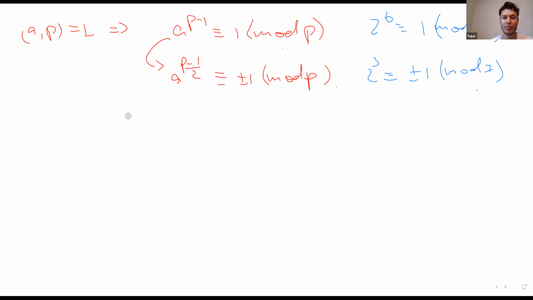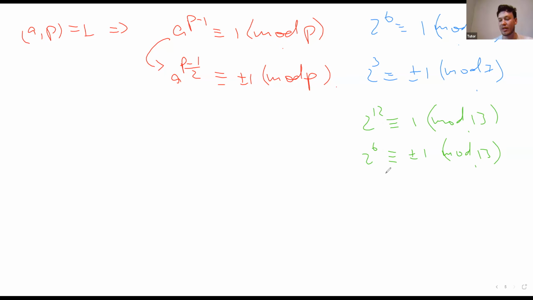Let's look at another, bigger example. If you wanted 2 to the power 12, then 2 to the power 12 is congruent with 1 mod 13. One thing this tells us right away is that if I take the square root, 2 to the power 6 is congruent with plus or minus 1 mod 13. Now, what is 2 to the power 6? It's 64.